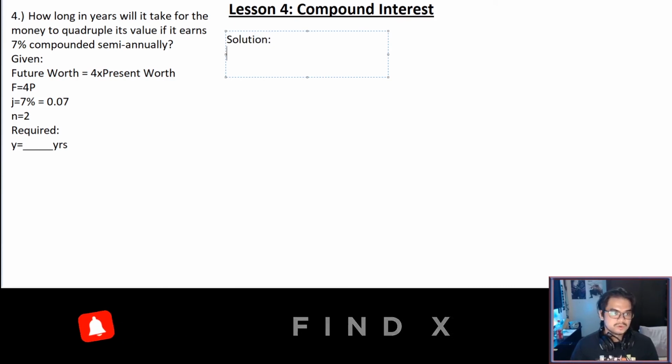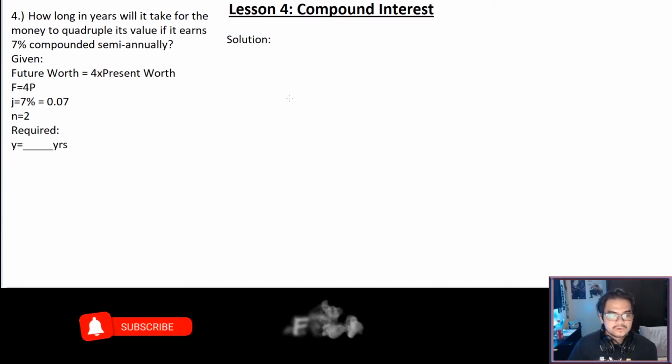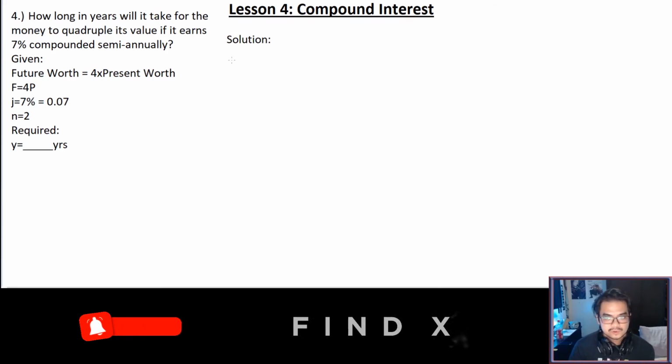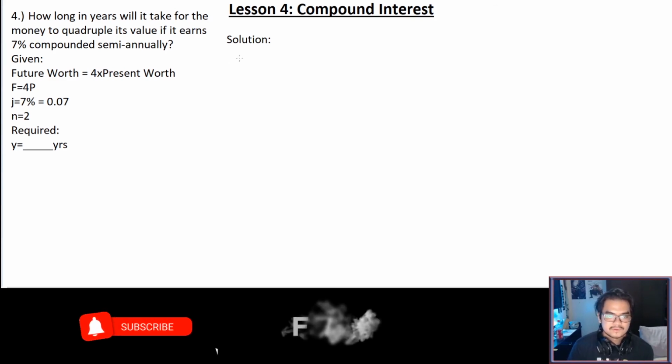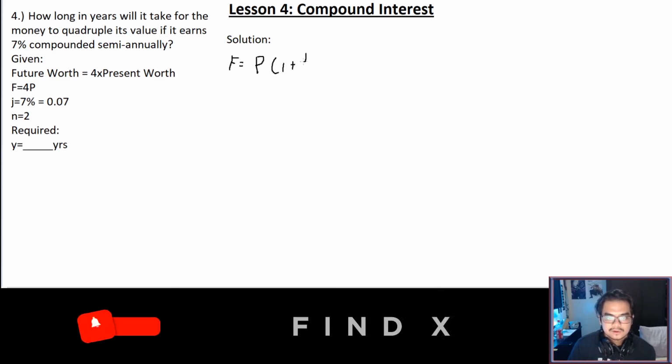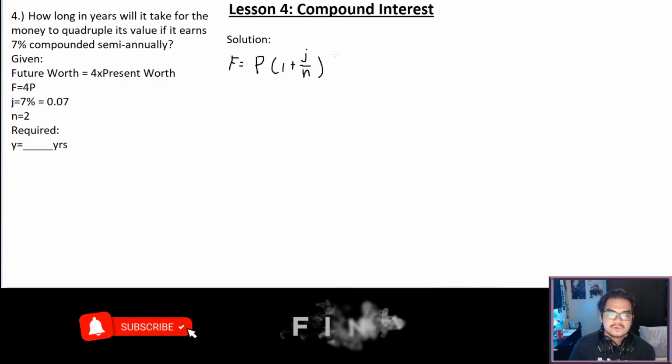For the solution, we can use any formula, but I think it's better to use the formula for the future worth, since we will not have a negative exponent using that formula. So again, the formula is F equal to P times (1 plus j over n) raised to yn.